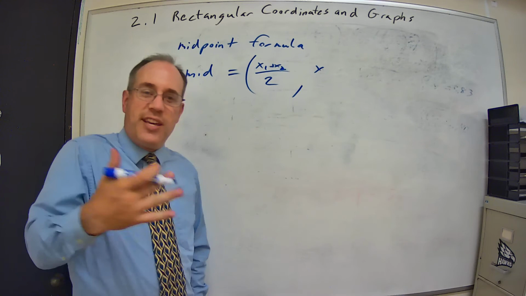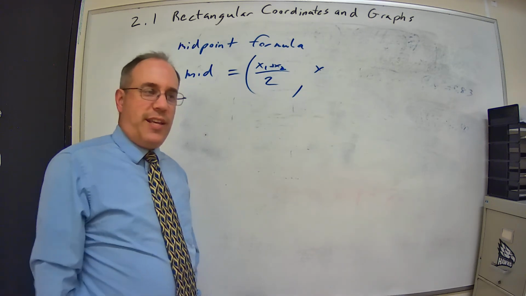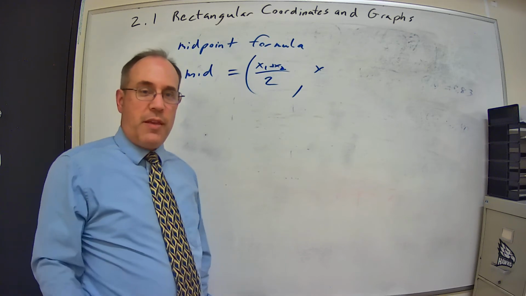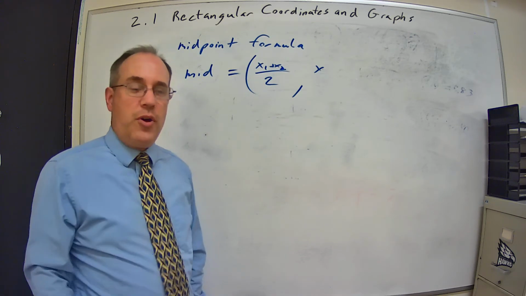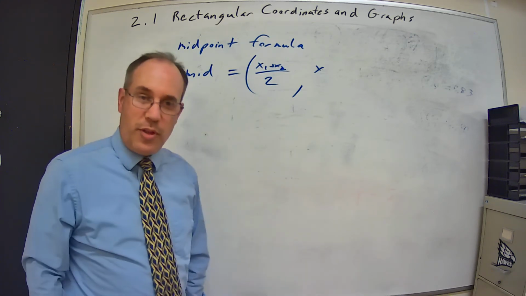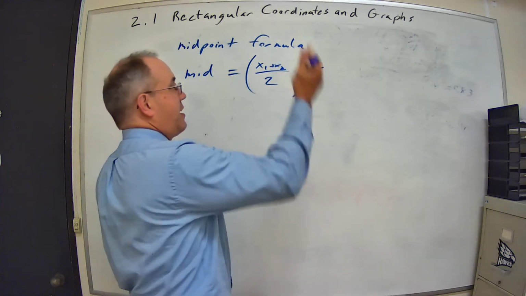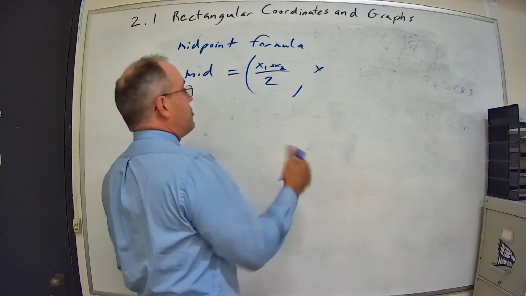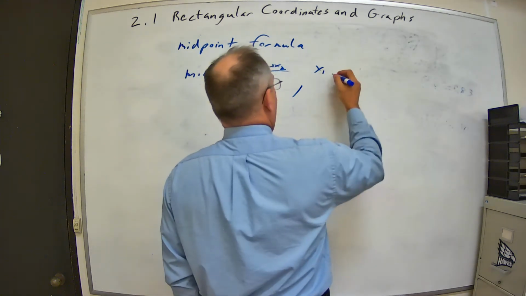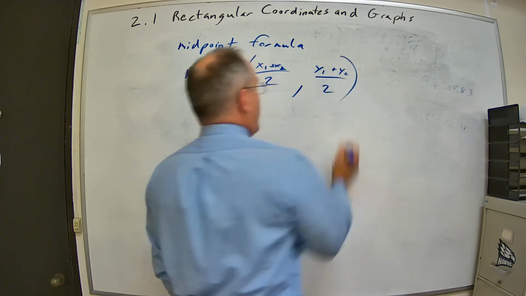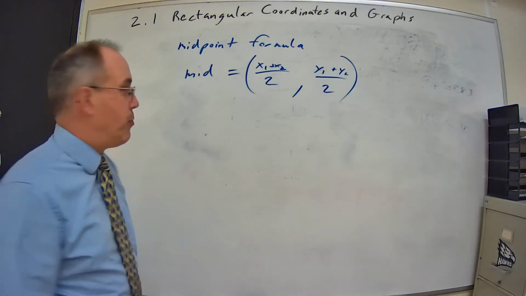Again, one of those things you get used to putting the 2 first and then the 1 second for the subscripts when you're dealing with either slope or the distance formula. You don't have to for this because you're adding them. So x1 plus x2 divided by 2 and y1 plus y2 divided by 2 will give you your midpoint.